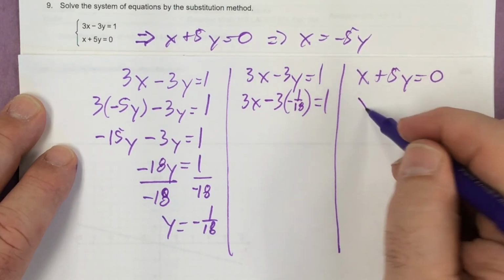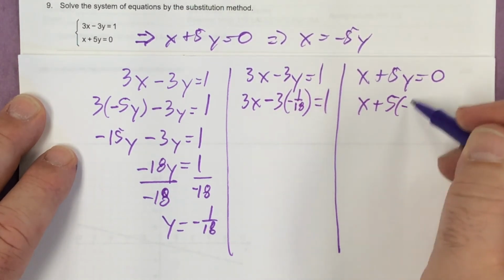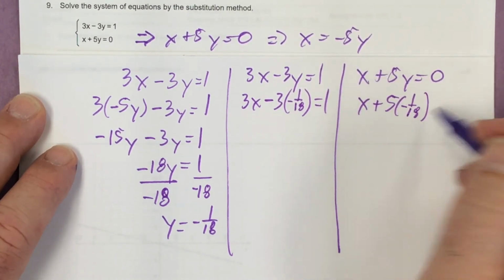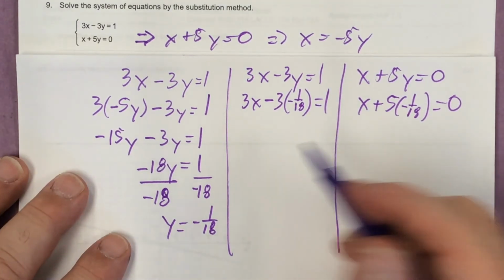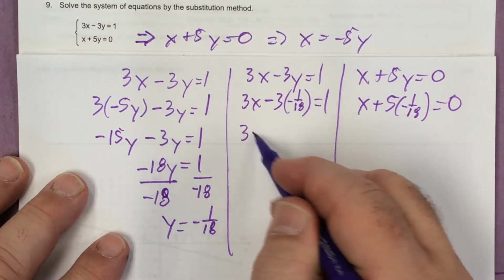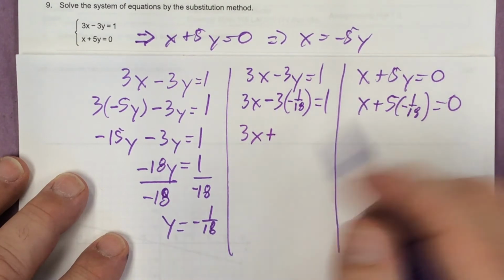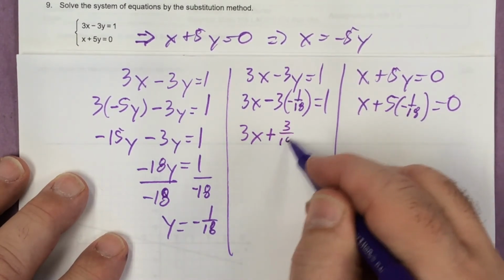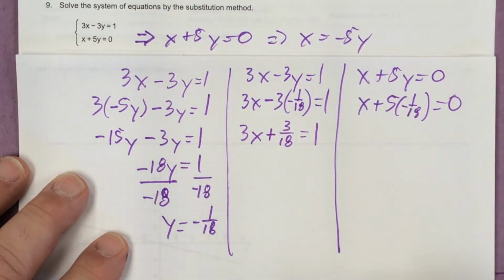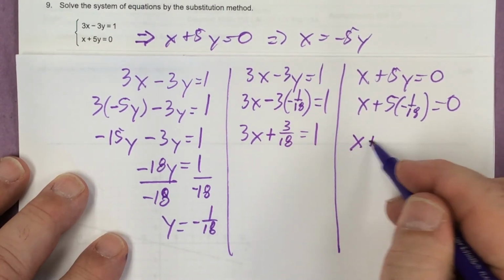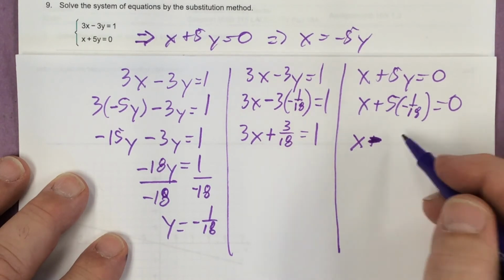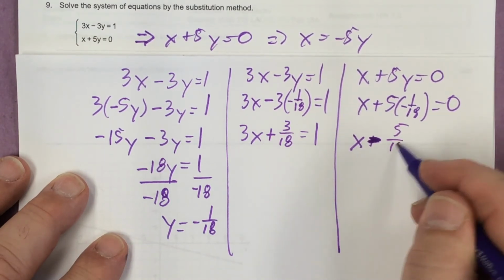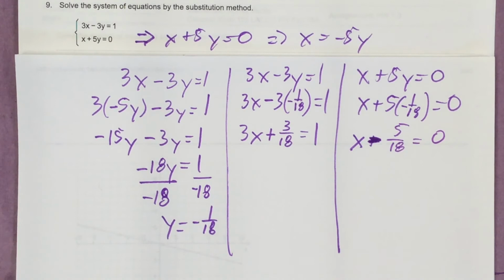And then we're going to have x plus 5 times negative 1 over 18 is equal to 0. So now if we do these calculations on the calculator, this is going to give you 3x plus 3 over 18 is equal to 1. This is going to be x plus, or sorry, minus, because you're multiplying a positive times a negative. So this is minus 5 over 18 is equal to 0.